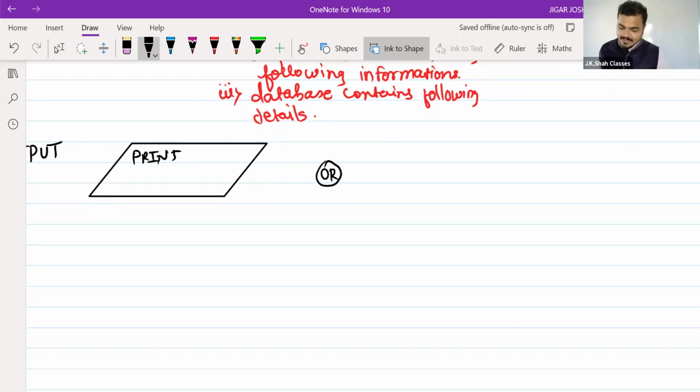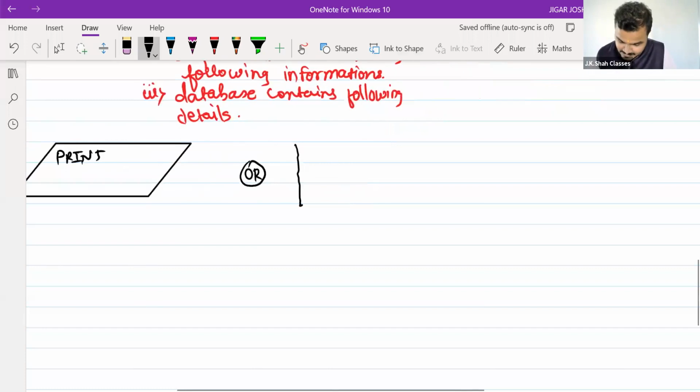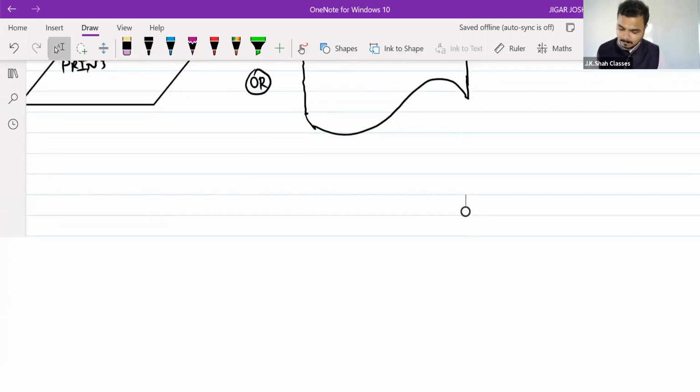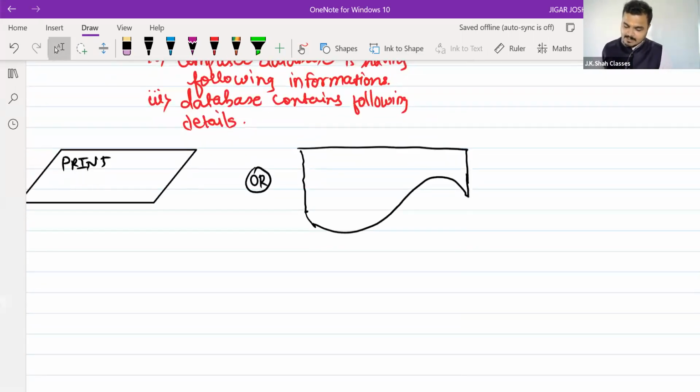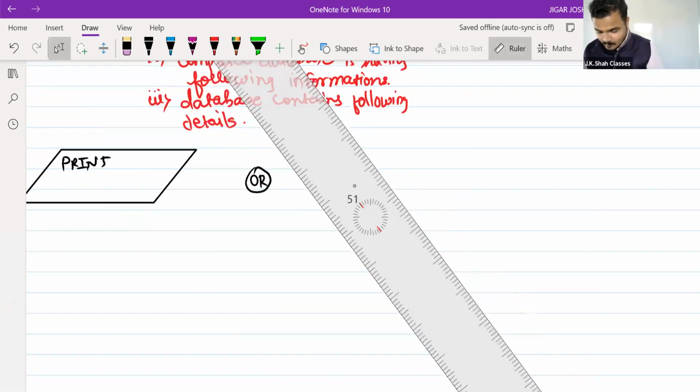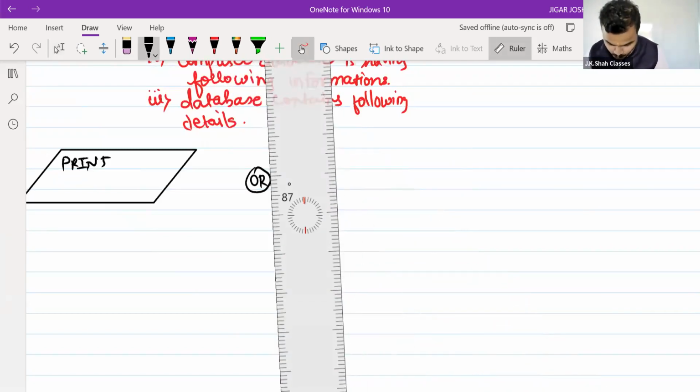Or there is a second way, my dear charters. Now, second way, please listen to me. Look towards the screen, please. In the second way, my dear charters, your output would be like this. A straight line to be drawn. Straight line like this. And then, people, like this. I am drawing once again in front of you by using the scale only. You should also use a scale.